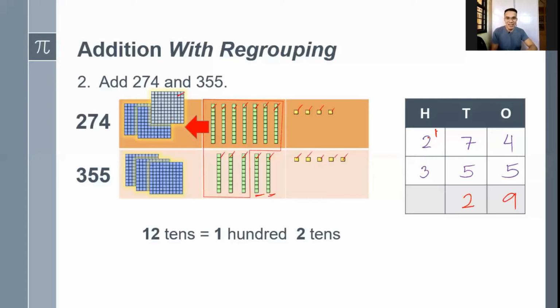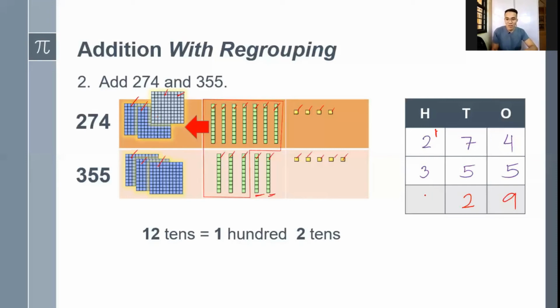And finally, let's have the hundreds. We have here 200s plus 300s plus the 100 that we just added. So let's see what number they will make. Let's count. 1, 2, 3, 4, 5, 6.